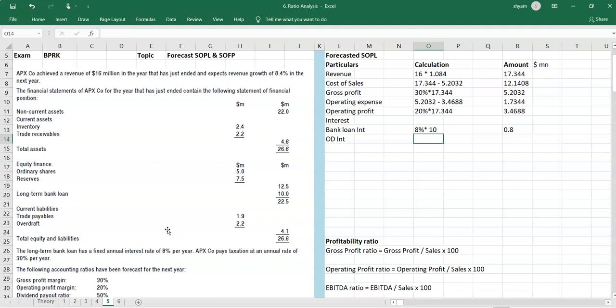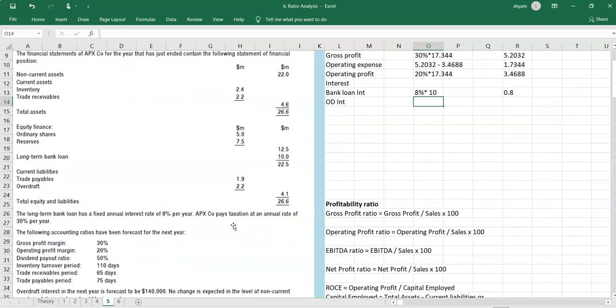Next we'll go to the OD interest. I think they have already mentioned it, it is 140,000, which should be converted into million.